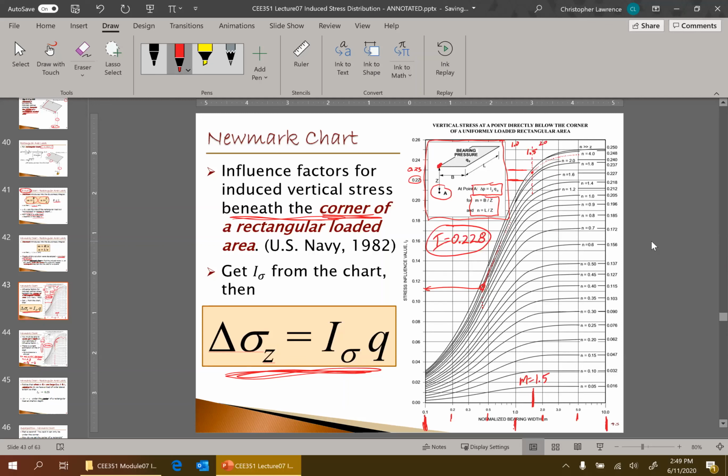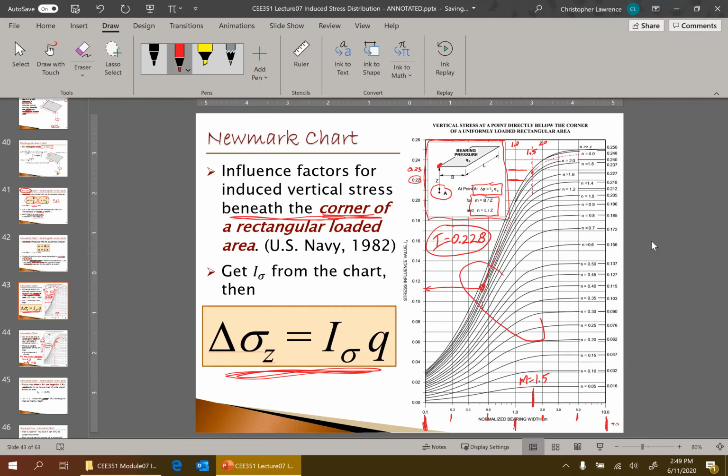Now, in the homework and in the book, a couple of times I'm going to ask you to solve the problem using the Boussinesq equations. All right, so there are equations for rectangles, and what you might recognize, there's an inflection of the curve.